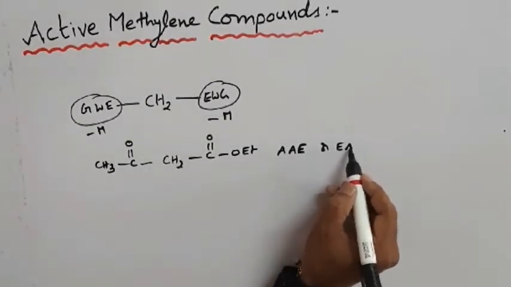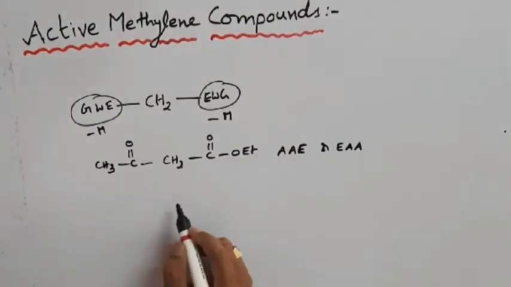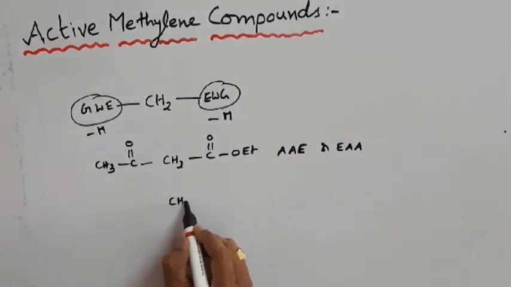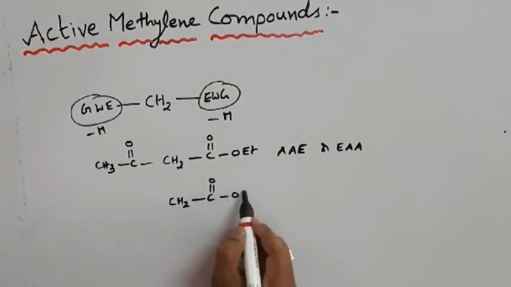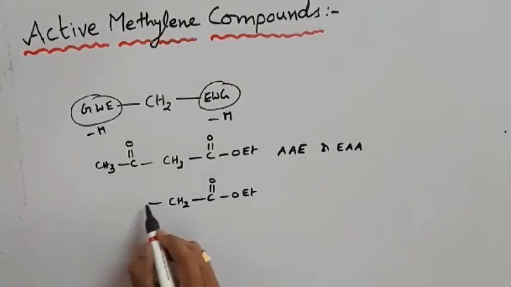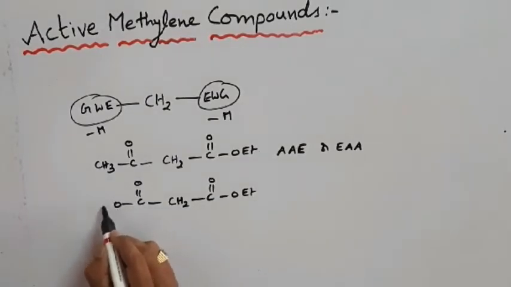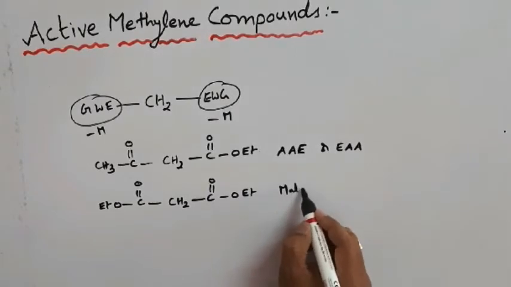The other example for active methylene compounds is malonic ester, which is COOEt on both sides. This is malonic ester.